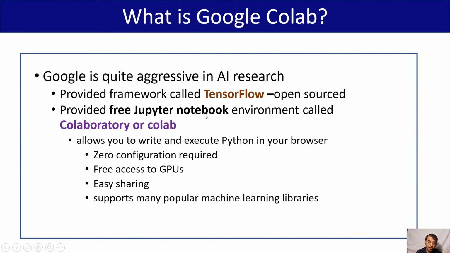It also provided a free Jupyter notebook environment called Collaboratory, or Colab, which allows you to write and execute Python in your browser. Zero configuration required, free access to GPUs, easy sharing, and it supports many popular machine learning libraries. You can also use the R language in Google Colab, but you have to add some add-ons.